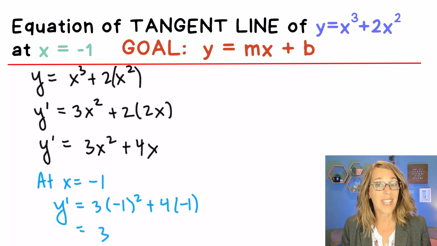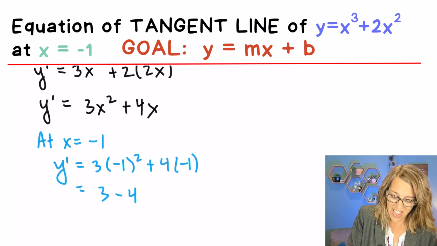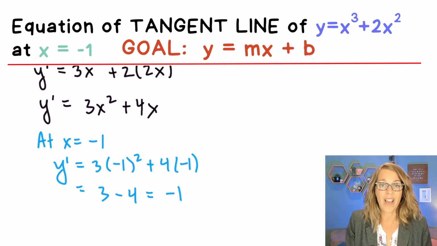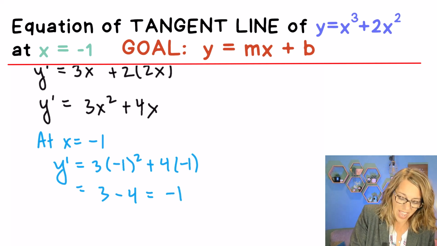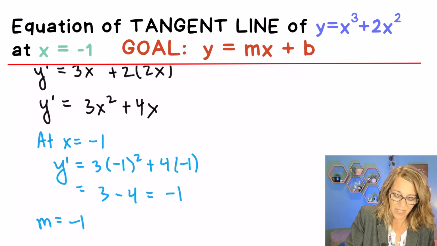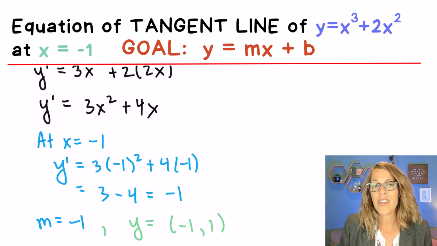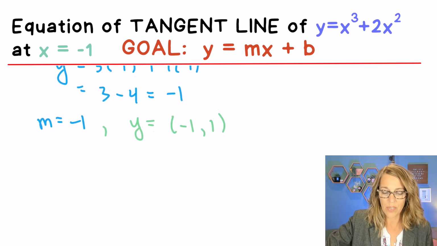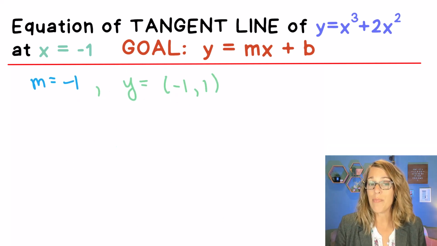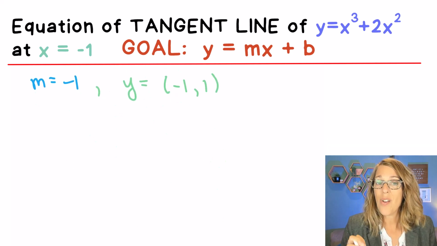We get 3 minus 4, and we end up with a slope of -1. So m for the equation is equal to -1, and we had that point, which we lost up above there, as (-1, 1).